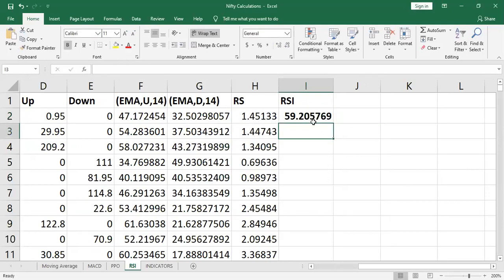And the number is calculated. Now we take this and copy paste till last.